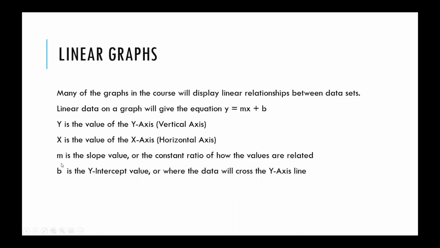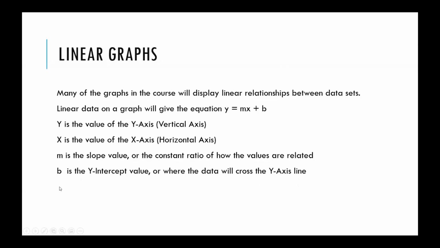M is the slope of the graph, which is the rate of change. How much does the y value change if you move the x value? That's what the slope indicates. And B is the y-intercept.